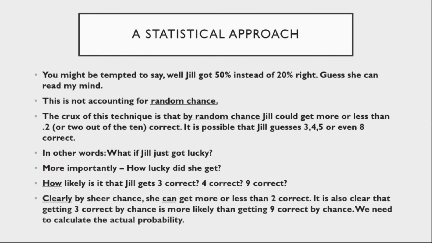Because it is possible that she's just guessing and she guesses more than 2 out of 10 correct. And importantly, it's really likely that she gets 3 correct. It's highly unlikely that by chance she got 9 correct. So we're going to need to know the actual probabilities of these things happening.